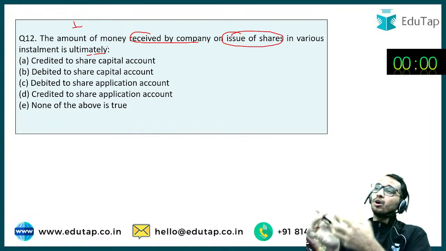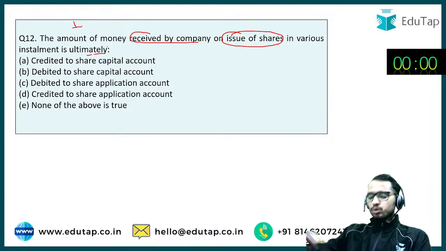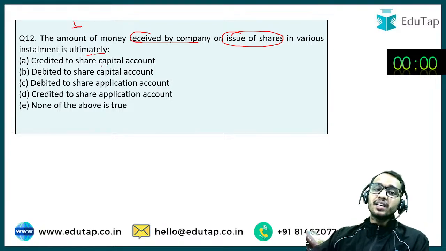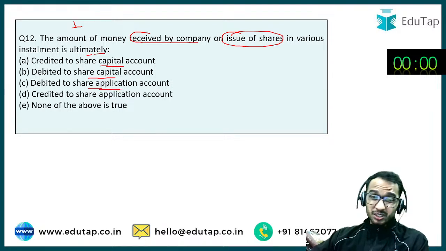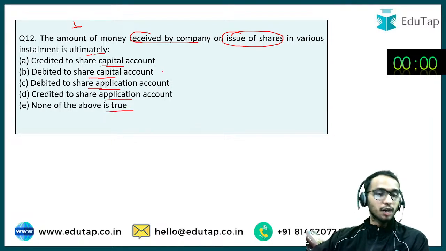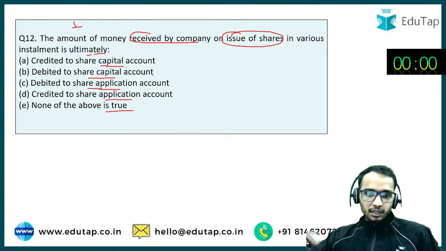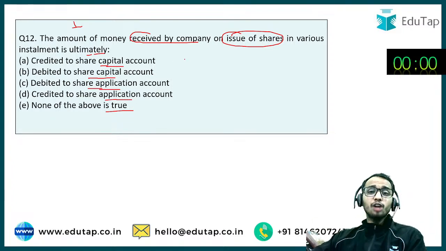So where this all amounts are going to get entered into, so what is going to be the entry? It will be credited to share capital account, it will be debited to share capital account, it will be debited to share application account, it will be credited to share application. None of the above is true. So let me check the chat section first of all, then I'll let you know the logic. All money, huh? All money.